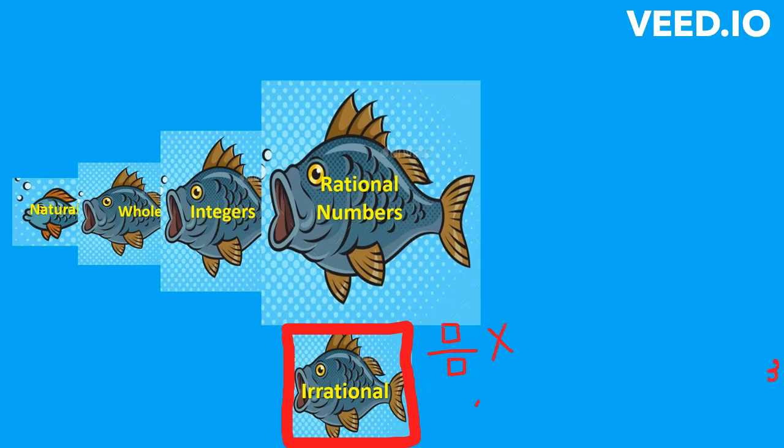We have a number here with an infinite number of decimal values. This is definitely an irrational number. On the contrary, we have a number here which is a rational number which has a finite number of decimal places, or could be a recurring decimal. Both are rational numbers.